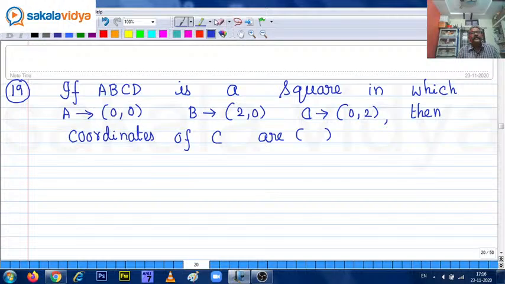One coordinate is missing in this one. C we need to find out.